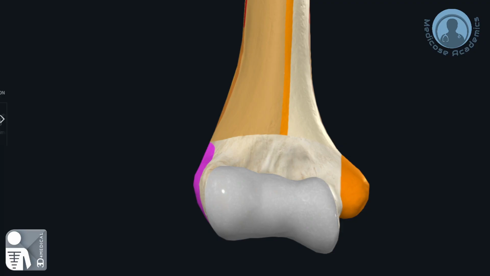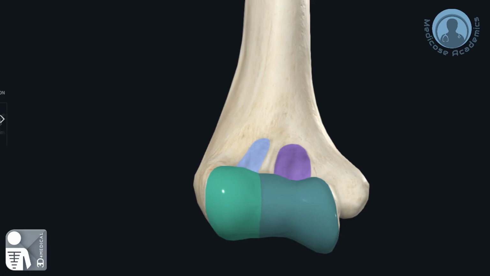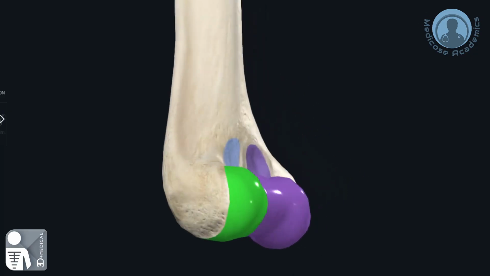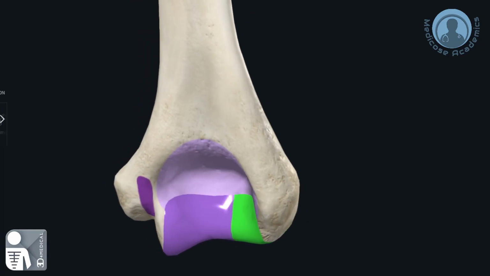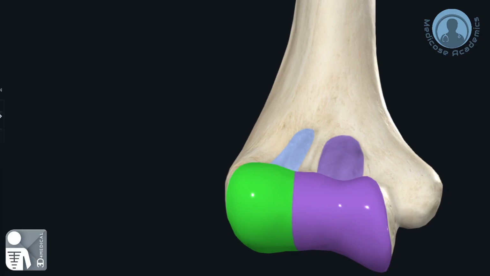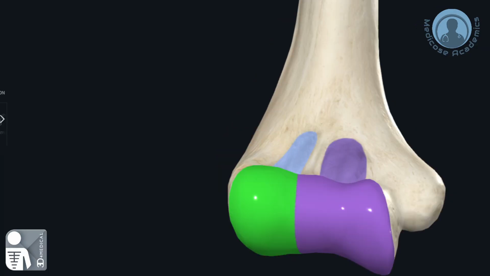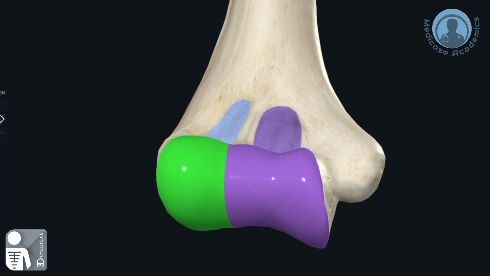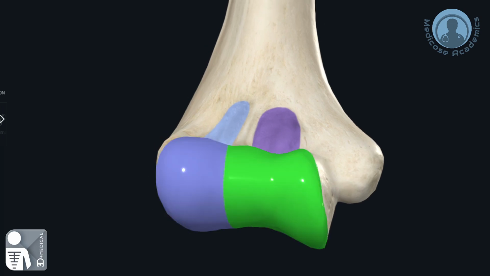Then let's talk about the articulating surfaces. The articulating surface is divided into two parts. On the lateral aspect, this rounded part shown by the green here is called the capitulum. This is rounded and goes all the way to the back. And on the medial aspect, the one that is pulley-like, deep from the center and raised from the sides and more raised from the medial side, this is the trochlea, like a pulley.